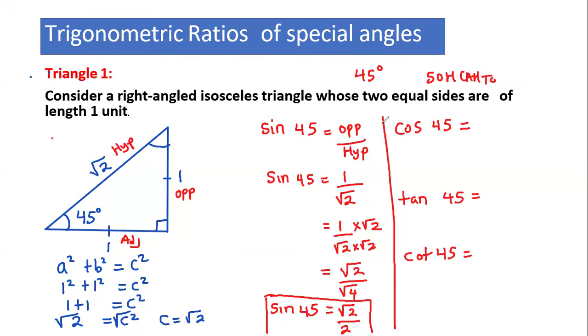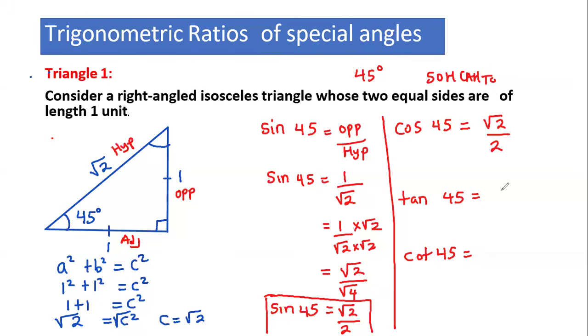I'm going to start from Ian. Cos 45 is root of 2 over 2. Thank you, Ian. Any other who's getting another one? Tan 45. What is cot of 45?